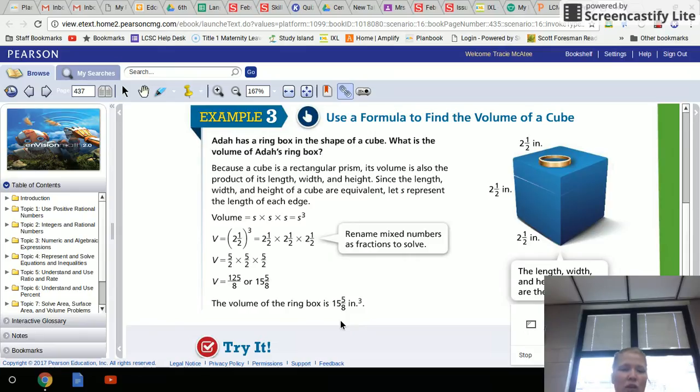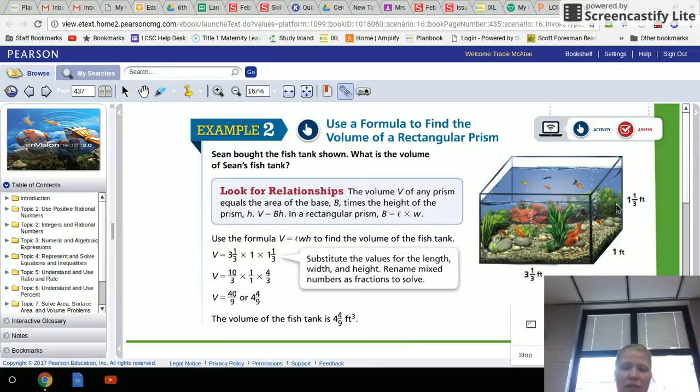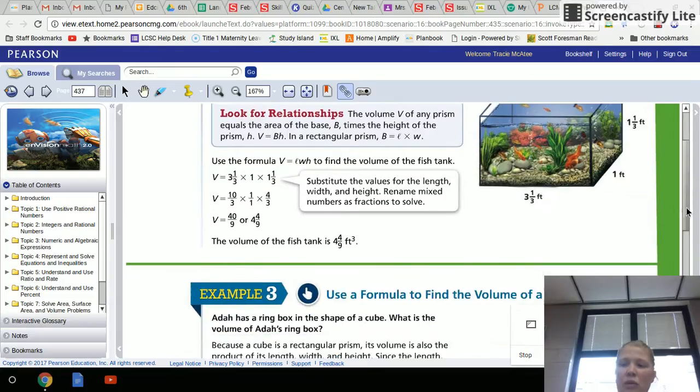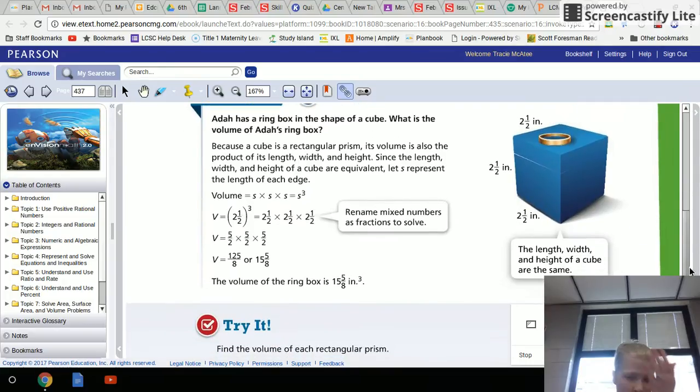Okay, so if you could picture dice, if you're basically trying to figure out how many dice could fit inside this cube, or how many dice could fit inside this fish tank. Now, a dice is not really a 1 inch by 1 inch by 1 inch, but you get the picture. Okay, that's why our answer is cubed.